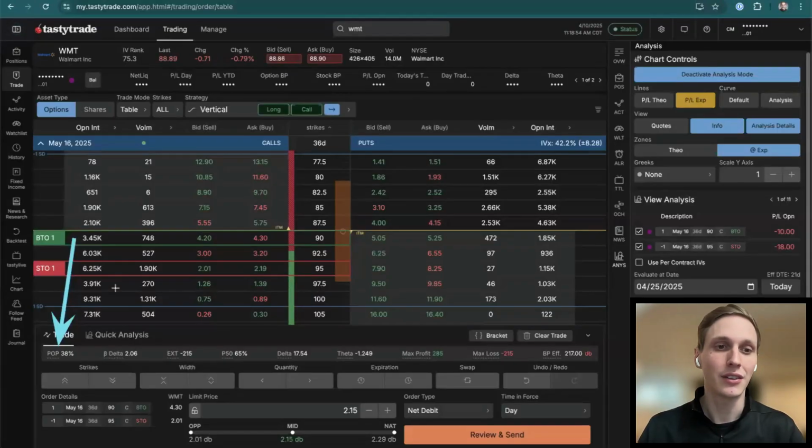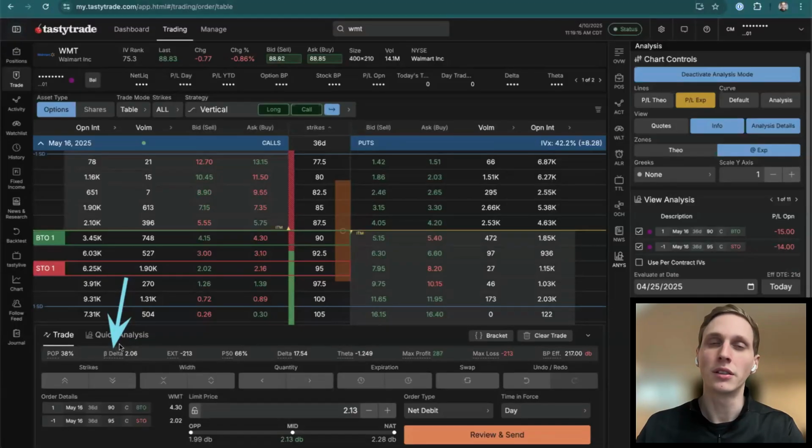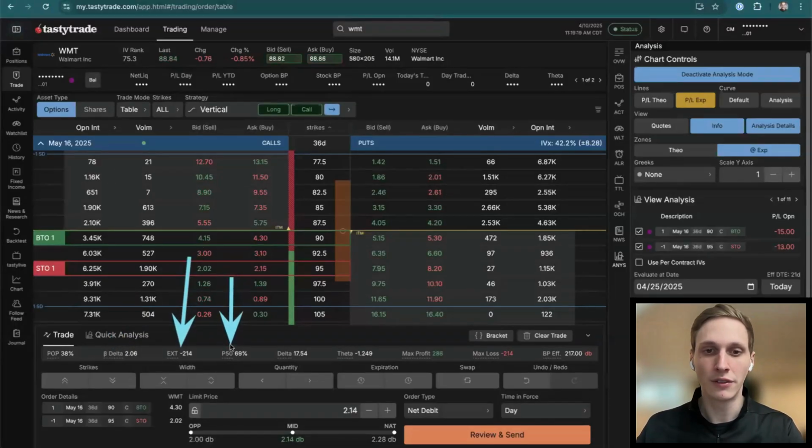In this case, there's a 38% chance that this spread is going to end up in the money. And then we also have beta weighted deltas. That's looking at your deltas based on a beta weighted symbol. In this case, we're saying, if SPY were to go up $1, what would be the increase in profit on my spread? We also have extrinsic value, P50.